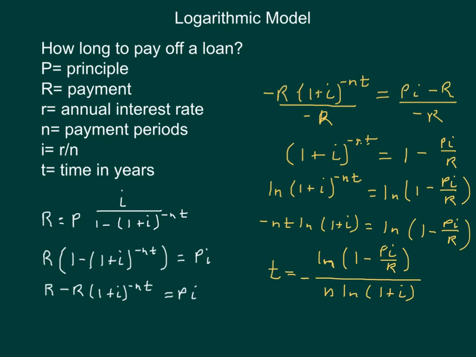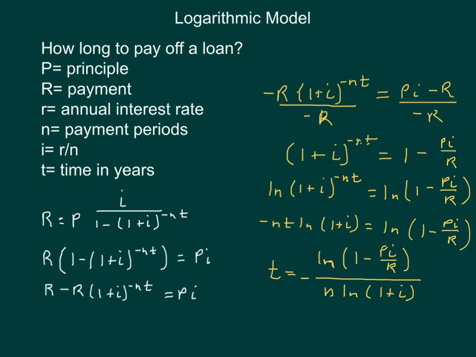So you'll see the process I'm using to simplify this is very similar to what that was. I'm going to multiply through by the denominator, and I get R times the quantity of 1 minus the quantity 1 plus I to the negative nt power, and that's going to equal P times I. Distributing the R, I get R minus R times the quantity of 1 plus I to the negative nt power equals PI.